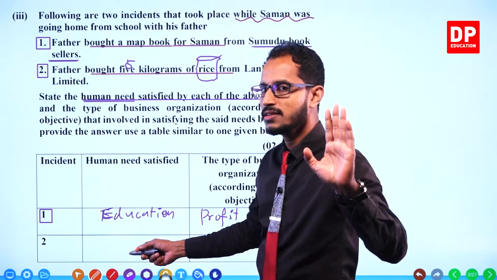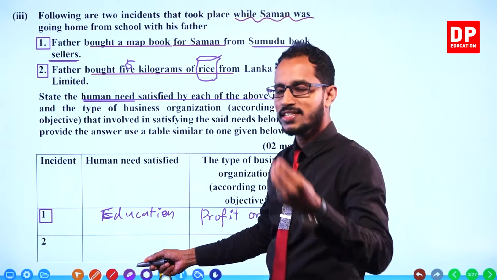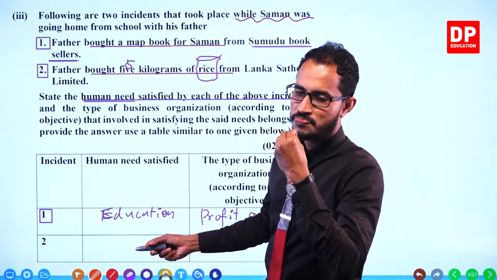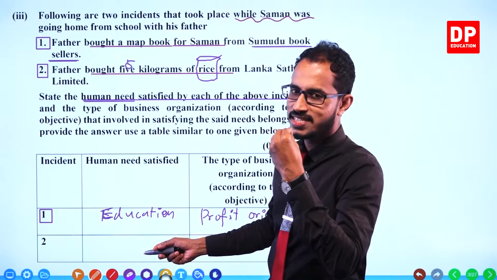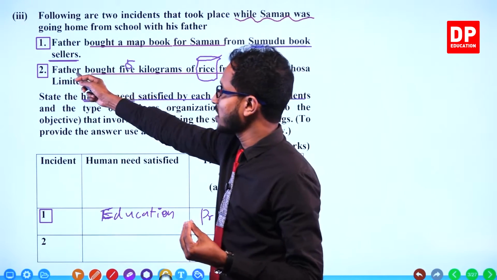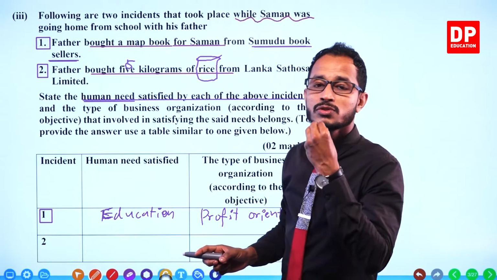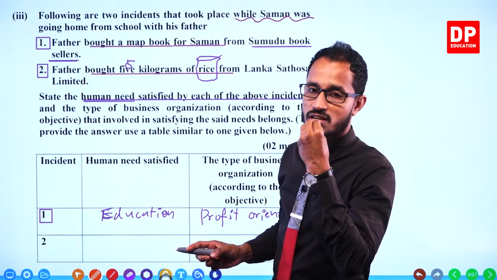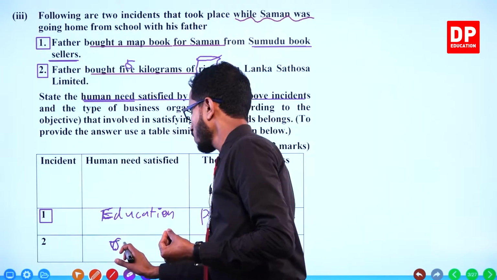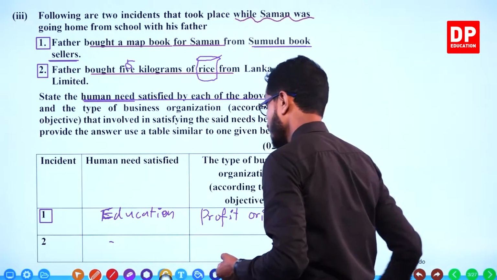To eat is the requirement, the physical need. What the father has bought is rice. So the need satisfied, they needed rice, no?